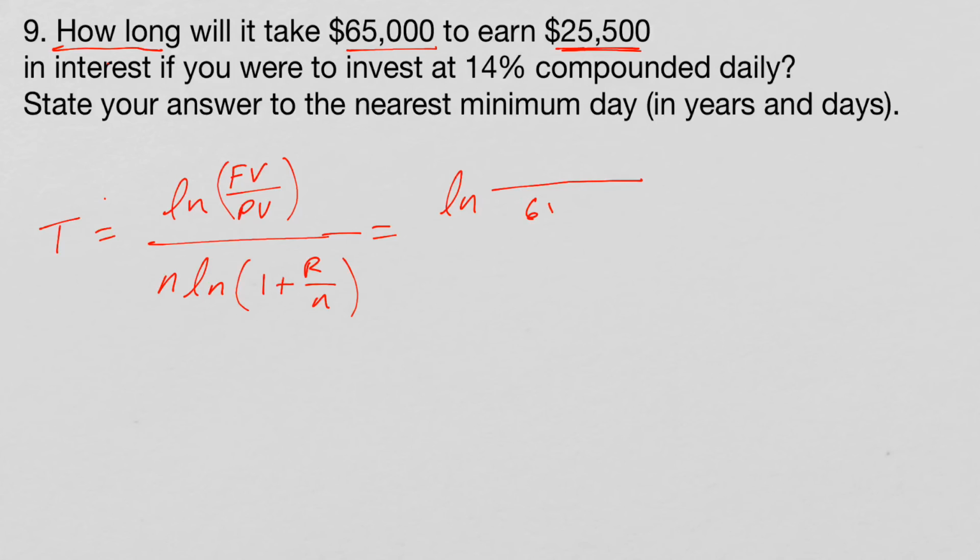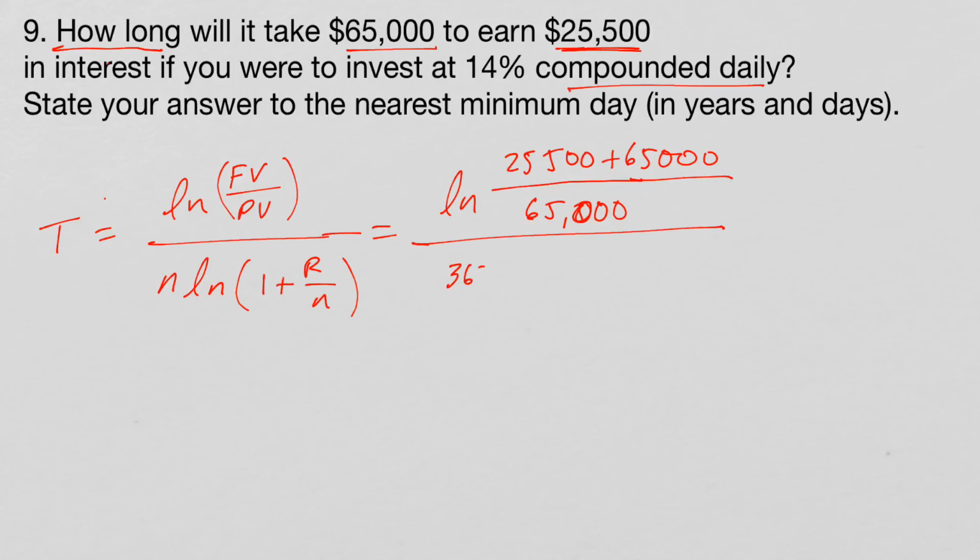That's what we're starting with. Okay. But we're earning this in interest, so we're going to end up with $25,500 plus our original amount. And this is going to be over, we're compounding daily, so this is 365 at 14%.